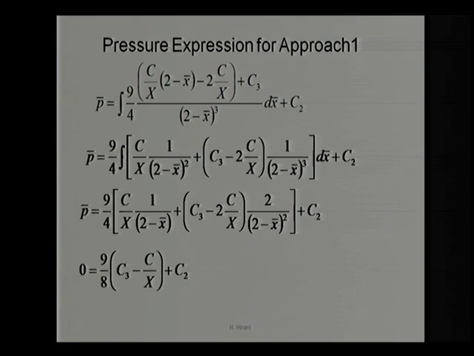Substituting this and rearranging, we say pressure is 0 here, and here the 2 minus 0 gives 1 by 2. Similarly, in this case also 2 divided by 2 minus 0, so it will be 2 by 4, 1 half, and 1 half of this will be common, that is why it will turn out to be 9 by 8, right.